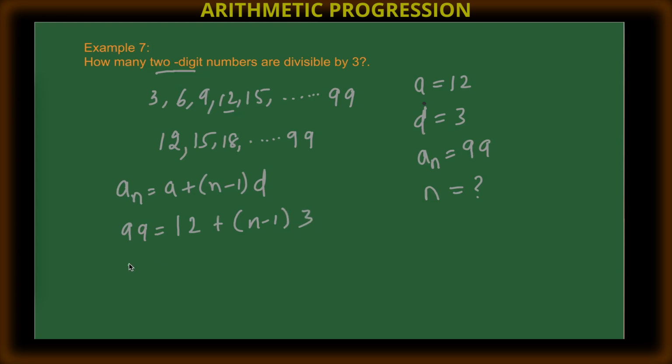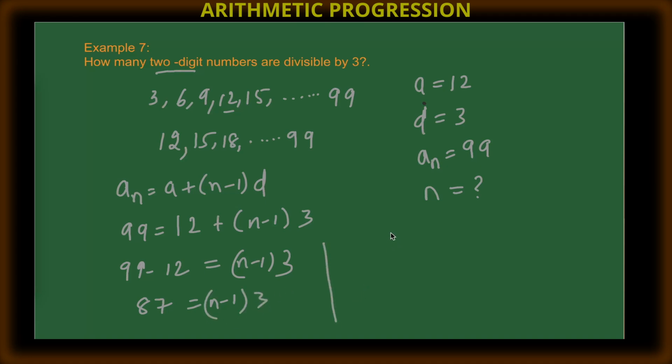So 99 minus 12 is equal to n minus 1 into 3. 99 minus 12 becomes 87, equal to n minus 1 into 3.